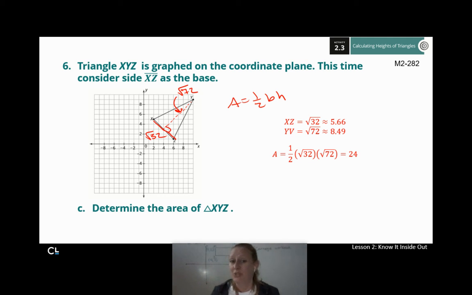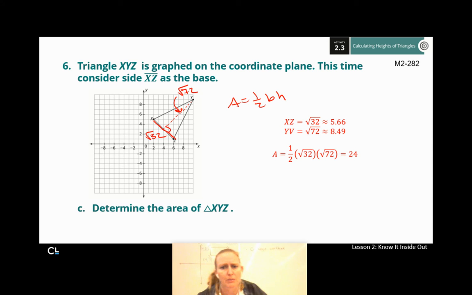Turns out if you're careful using this in your calculator, you get exactly 24. Remember the trick from earlier? I did skip a few steps here. I'm sorry, my lights are out. I need my lights back on because my solar-powered calculator doesn't work so well without light. So remember our trick from earlier that you can multiply this stuff in the square root first and then do the square root?